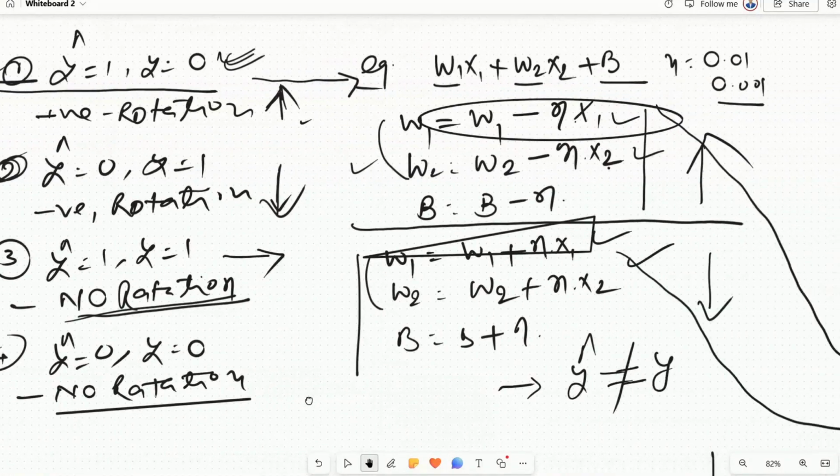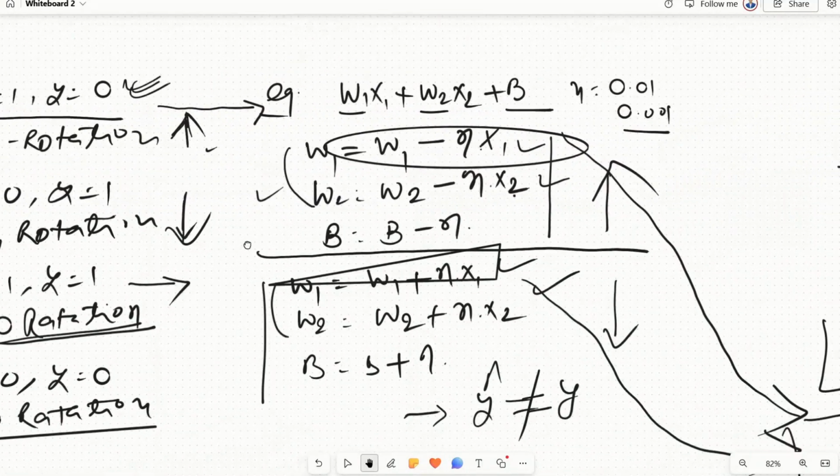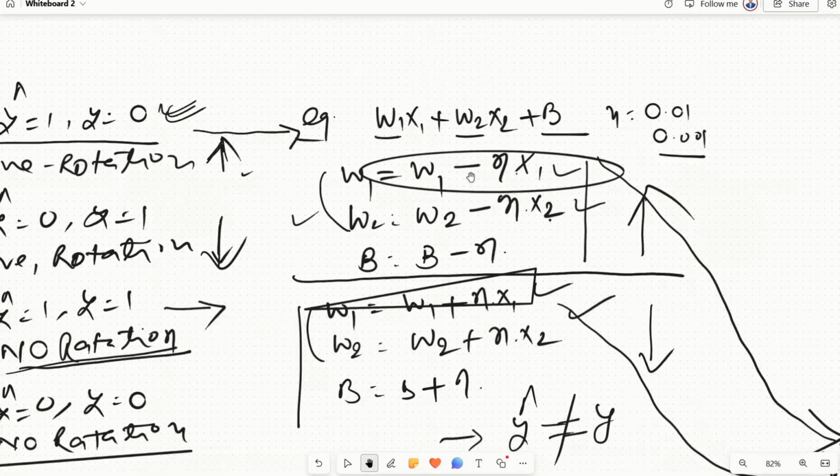But this is the formula you have to remember. How the weight will change: in case of positive rotation, we apply a negative sign. So the new weight w1 is the old weight minus eta times x1. Eta is the learning rate, which can be any small number. Generally we take 0.01, 0.001, something small. This is how it gets updated.